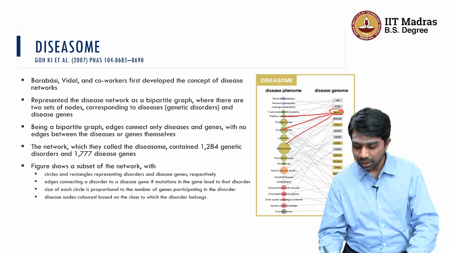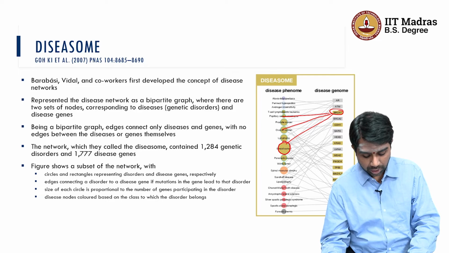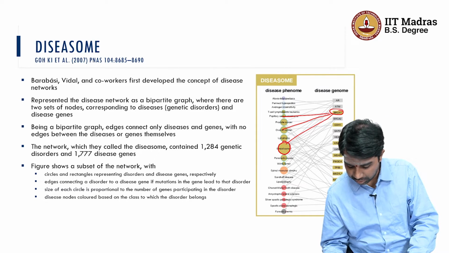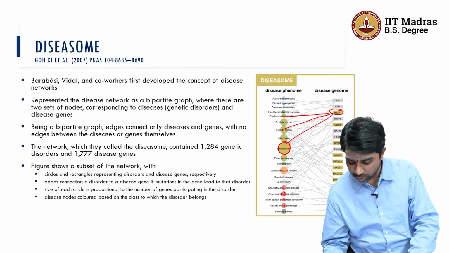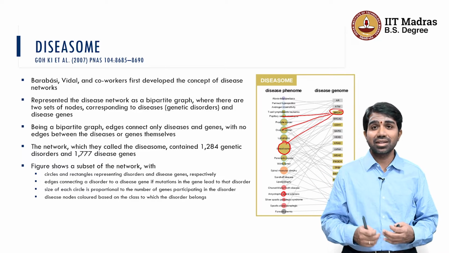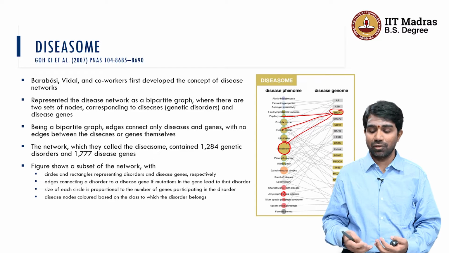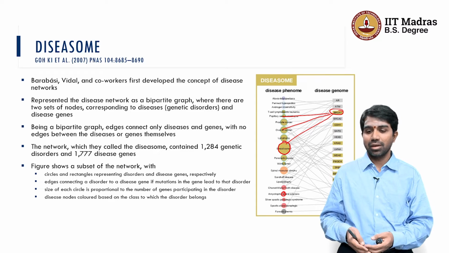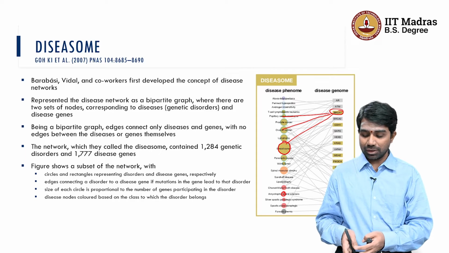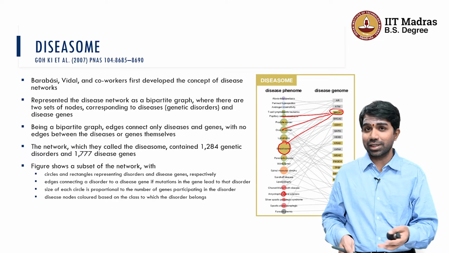And you see that the size of the node is proportional to the number of genes participating in the disorder. There are some disorders where only a few genes are known to participate, and remember this is a caveat, this is what is known so far. It's quite possible there are many more genes that are involved. This picture is already 15 years old, so if you did this picture today, you might see that our knowledge has greatly enhanced, but maybe the relative sizing still remains.